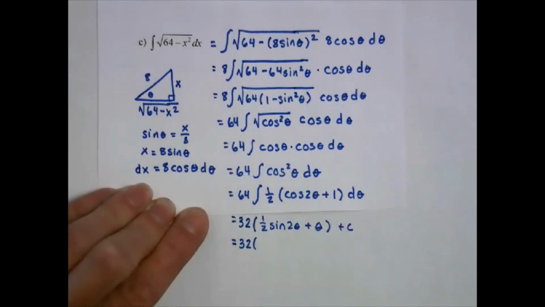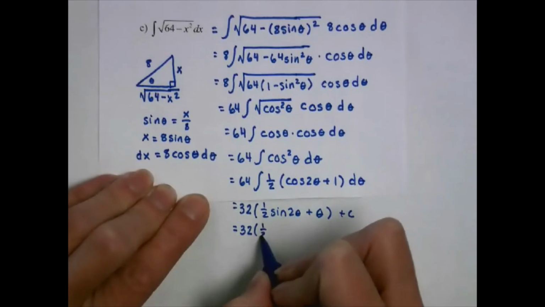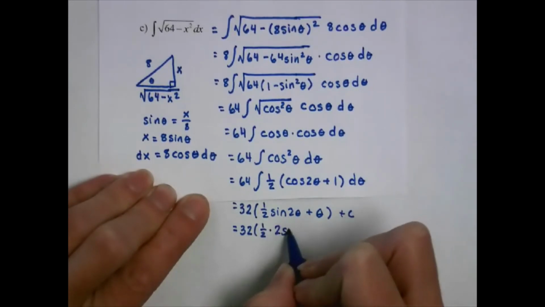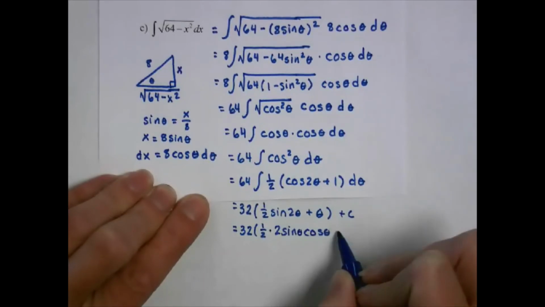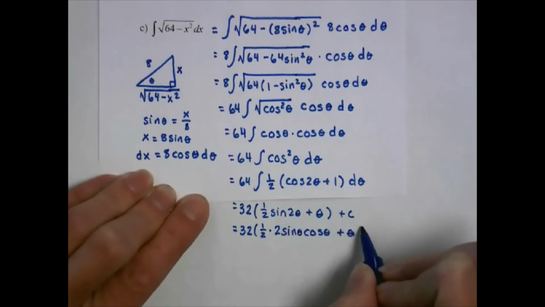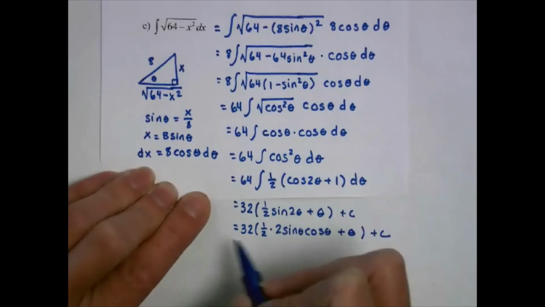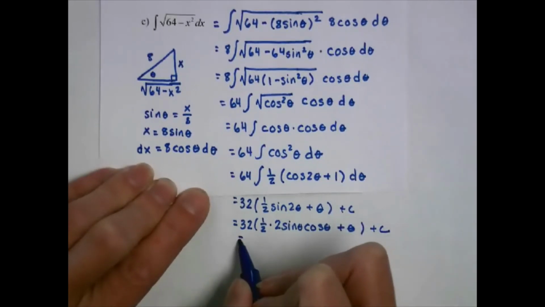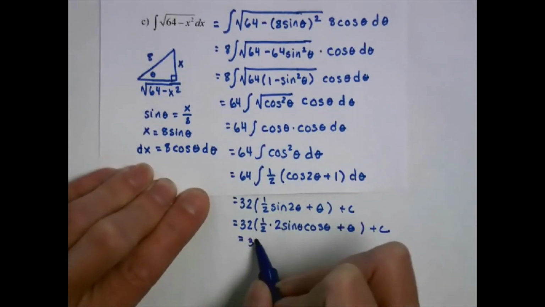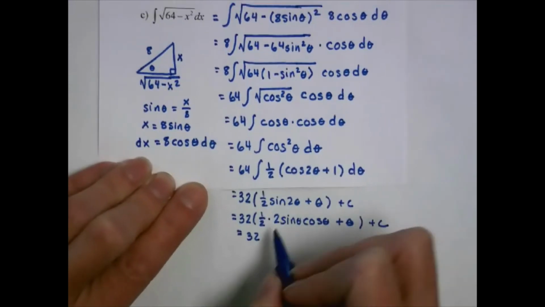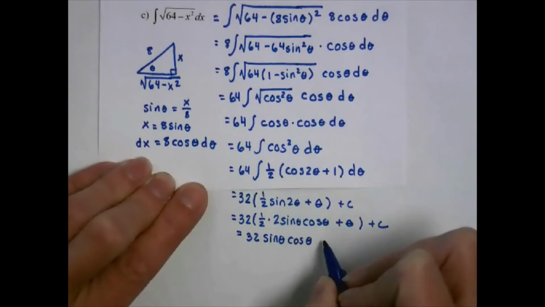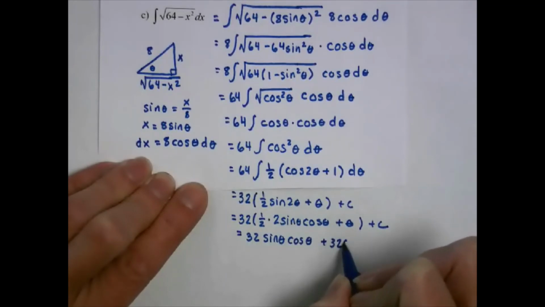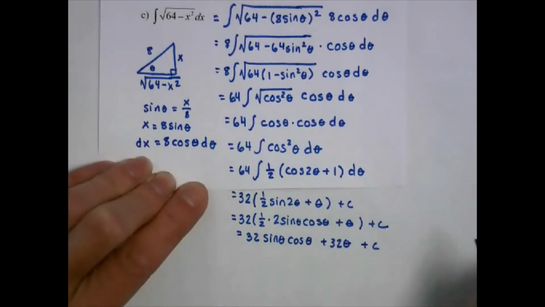Sine 2 theta is an identity that we learned in pre-calc, it's 2 sine theta cosine theta. So we have 32 sine theta cosine theta plus 32 theta.